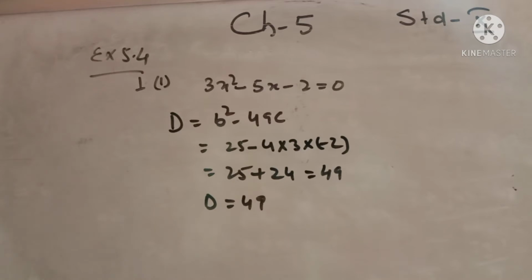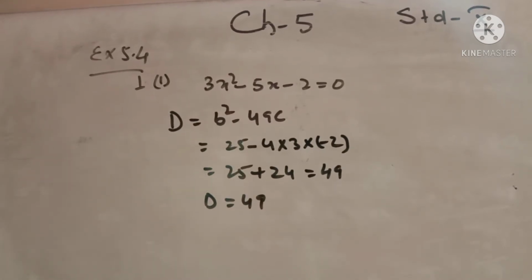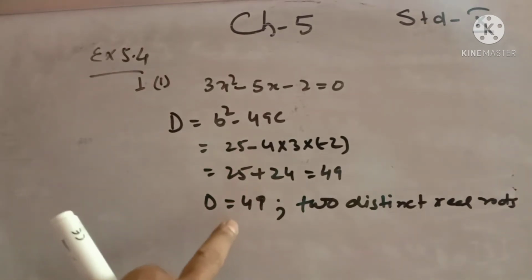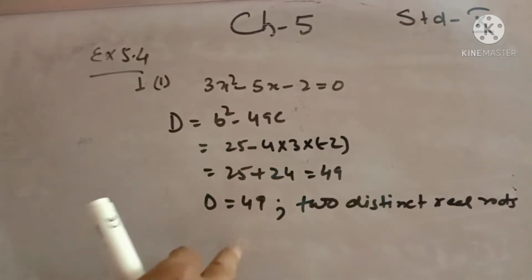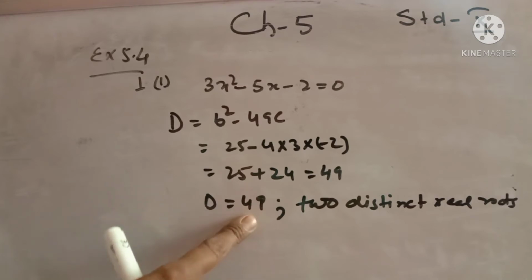So our nature of roots will come what? D is greater than 0, therefore two distinct real roots, according to the condition whatever I have taught you.